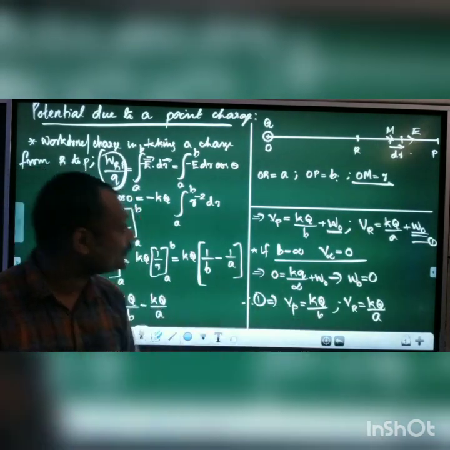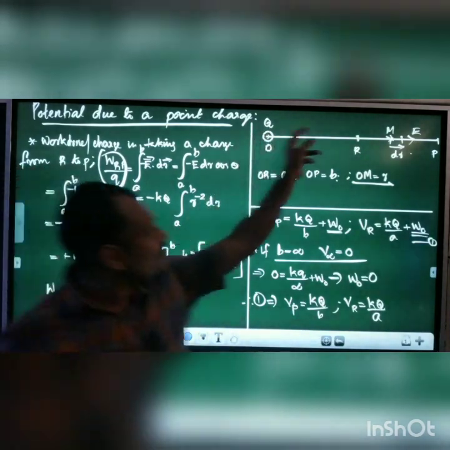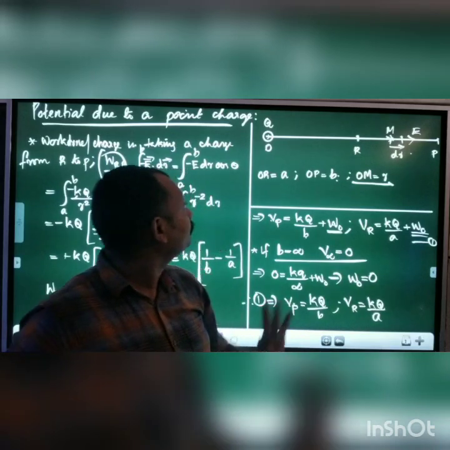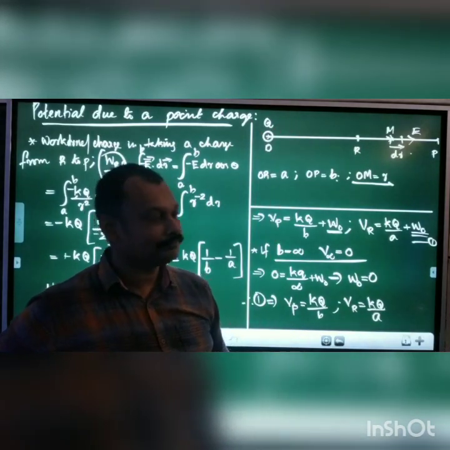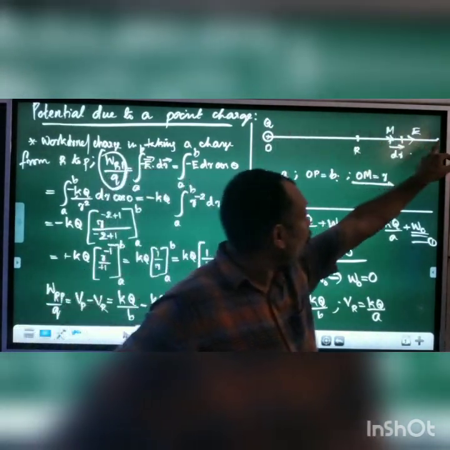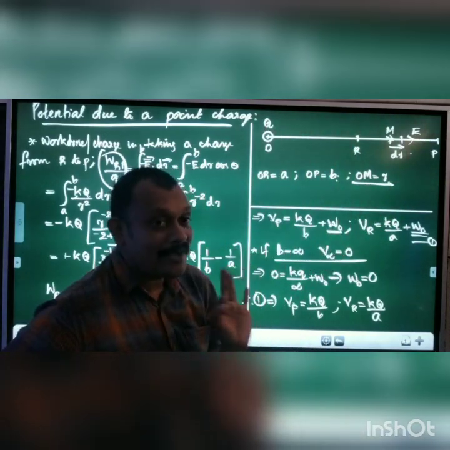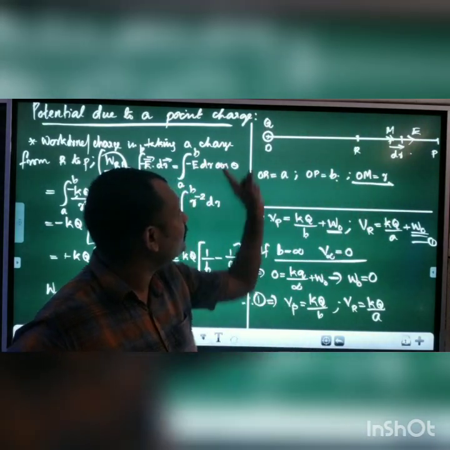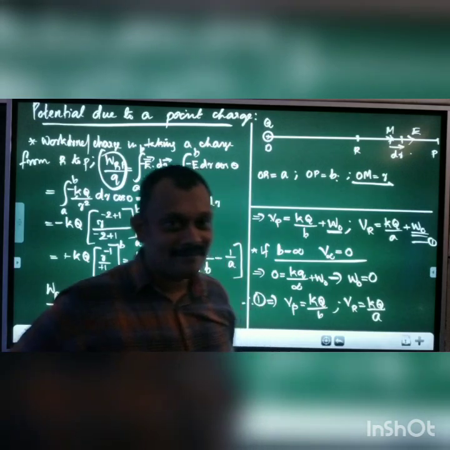What is the significance of this B? B is the distance of the point P from Q. So my question, on what factors does the potential at P depend?